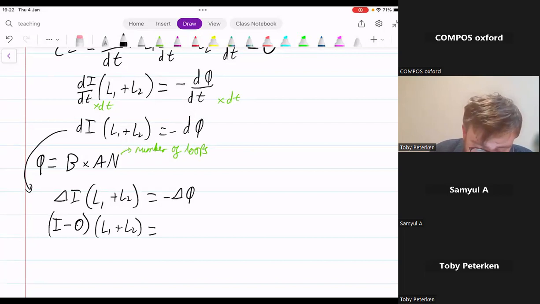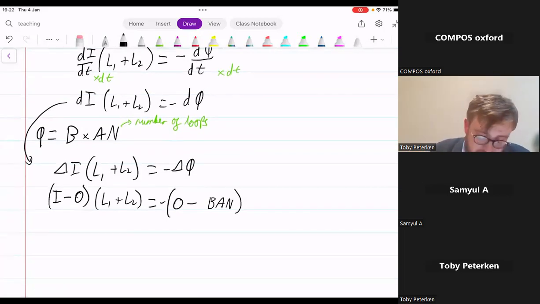And what is the change in flux? Well, the final flux is 0 because the magnetic field is switched off. The initial flux is BAN. So we deal with these brackets and these zeros.